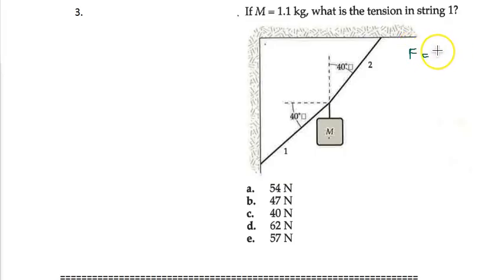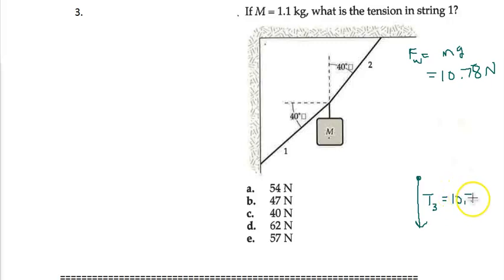So you can use your miscellaneous column to calculate the force of the weight, which is 10.78 newtons. Again, I want to focus on the signs of things. So let's draw the force diagram here. So that's the weight, which means this tension in this vertical rope here needs to balance that. So T3 is 10.78 newtons.